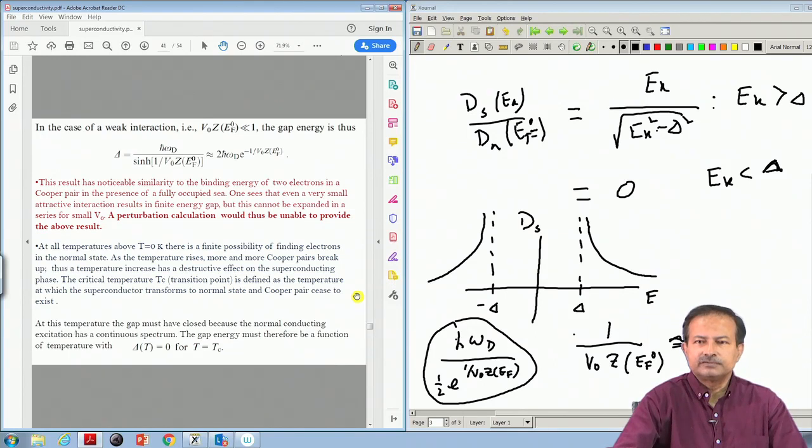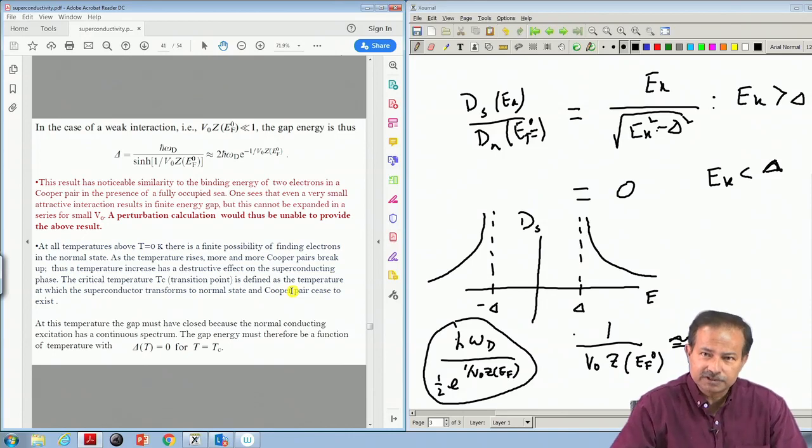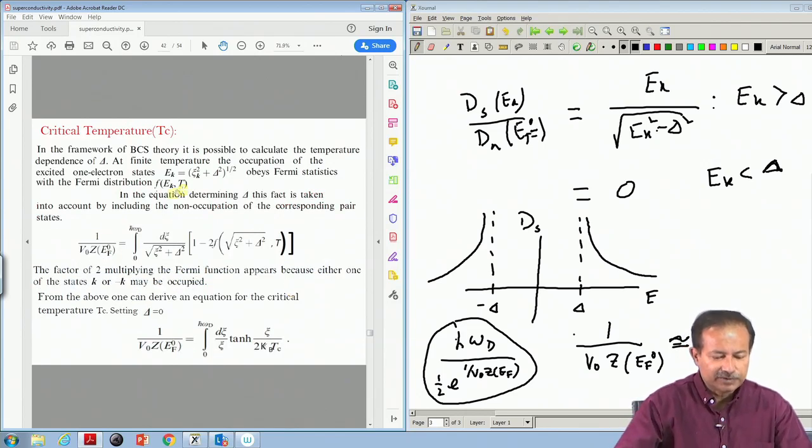What does that mean in terms of this theory? It means delta, the gap, will become 0 at that temperature. So, delta will become a function of temperature, and it has to be such a function of temperature that it disappears, becomes 0 at T equal to Tc. Let us find that out. To find that out, in that equation for delta, all you do is add the probability of non-occupation of the paired state.